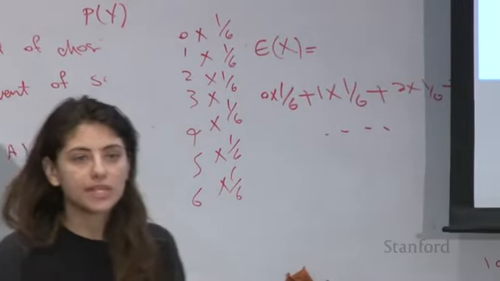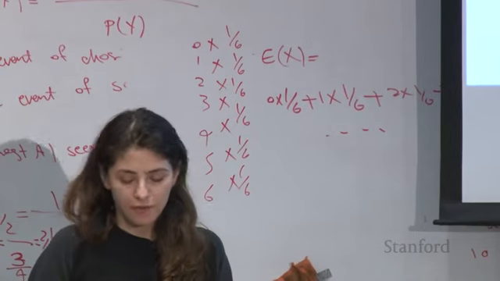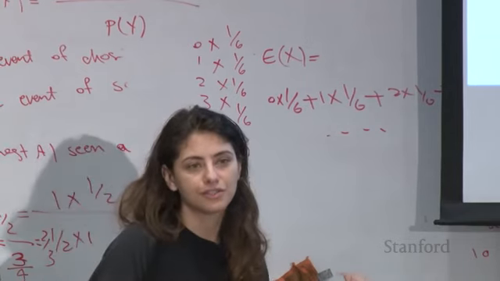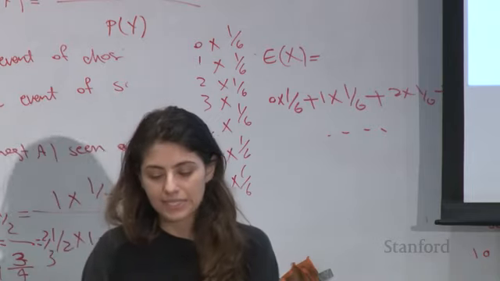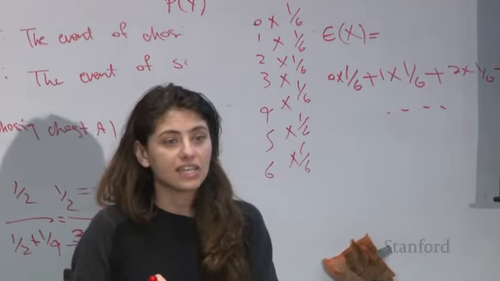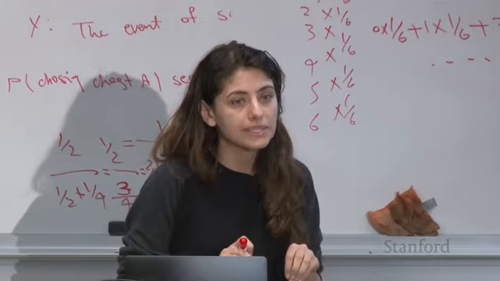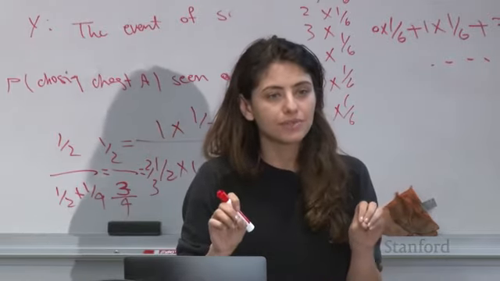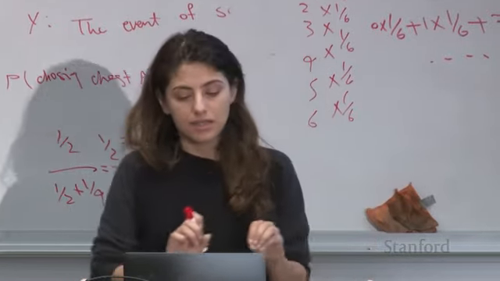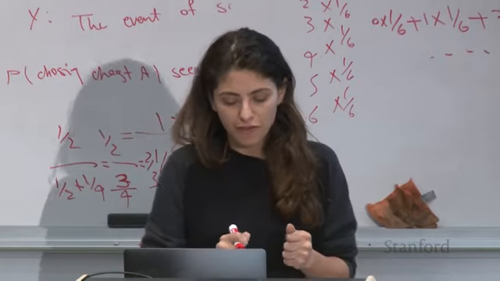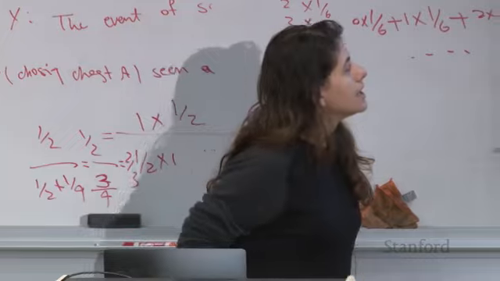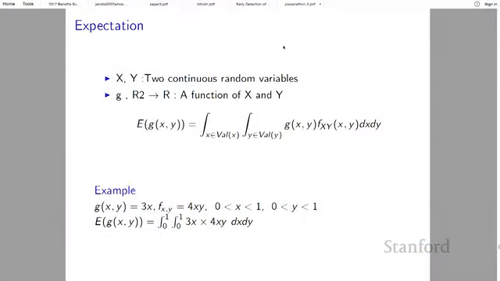If you have more than one random variable, for example, here you have two continuous random variables, the expectation can be expressed as the integral of the joint probability between these random variables times the function that you are trying to take the expectation of. For example, look at this example. We want to find the expectation of g of x and y. G of x y equals 3x, right?